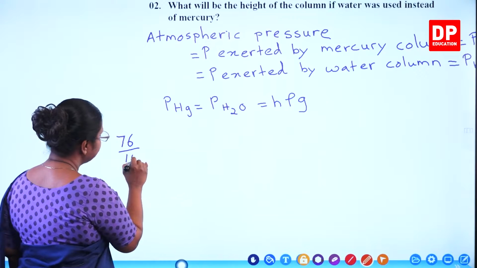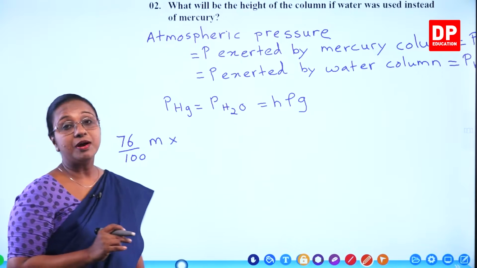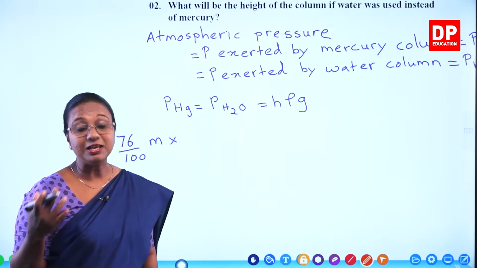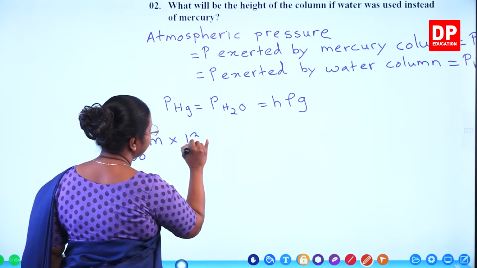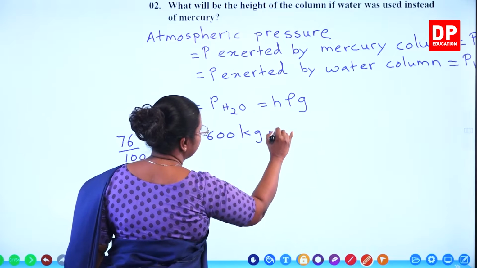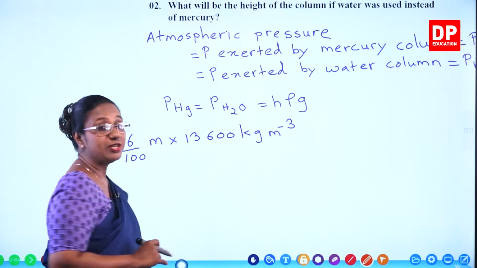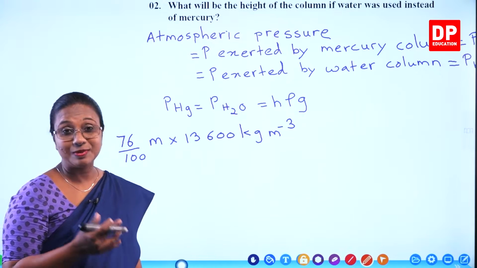So, 76 divided by 100 meters, and density of mercury. Usually it will be given to you in your paper, 13,600 kilogram meter minus 3. But after doing so many calculations, I am sure students, you all remember all these values by heart.